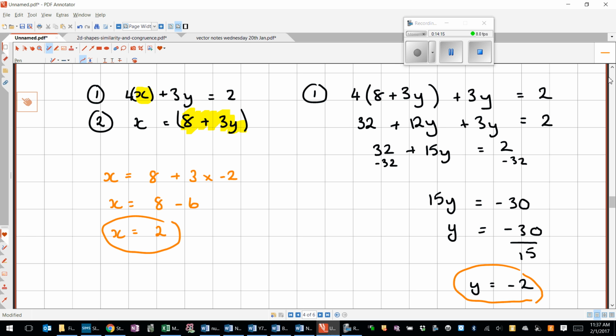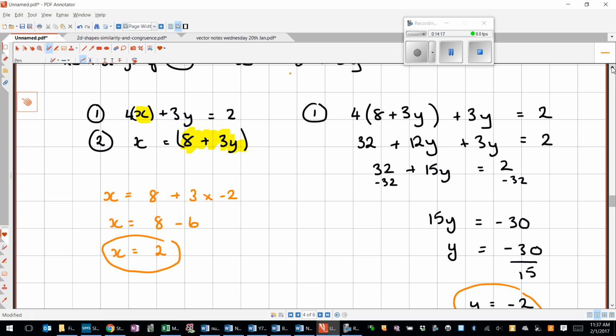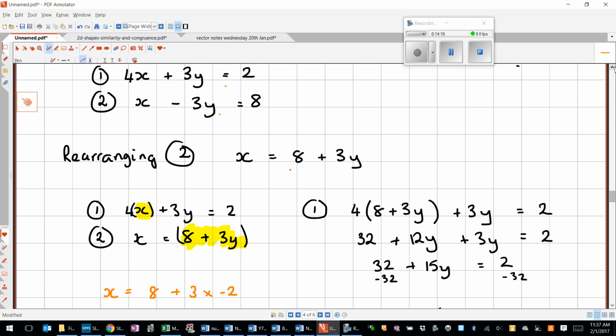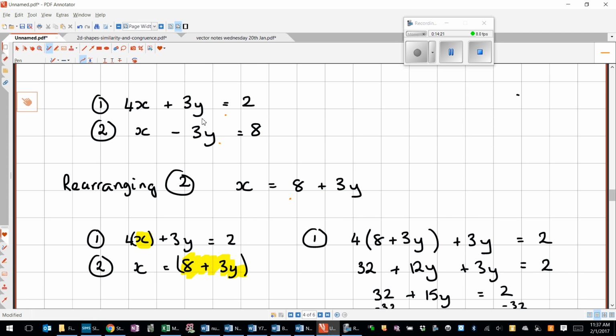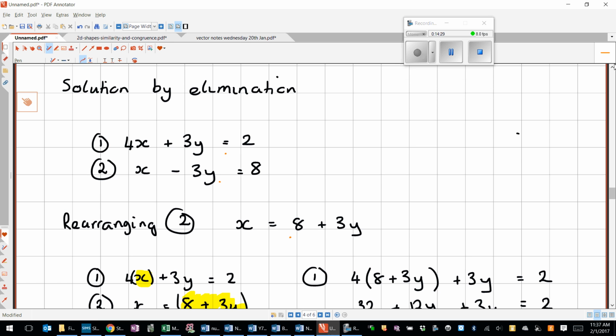Okay, yeah, so we could put them into here and just check they work. What we do want to be able to do though, this is about solving through elimination. So we have another method. But just to show you that you don't need to use a particular method, they're just offering you different ways.